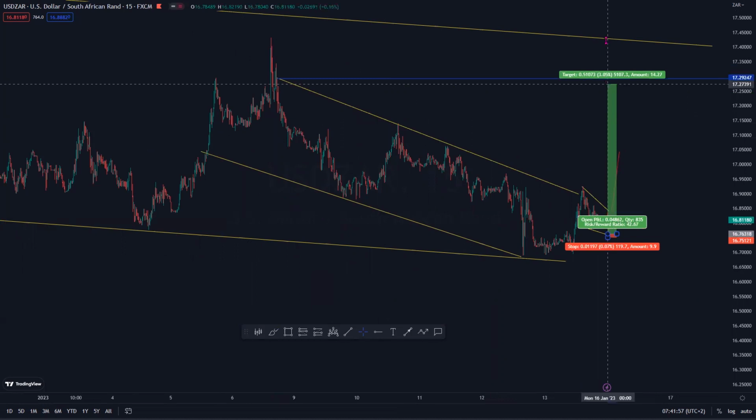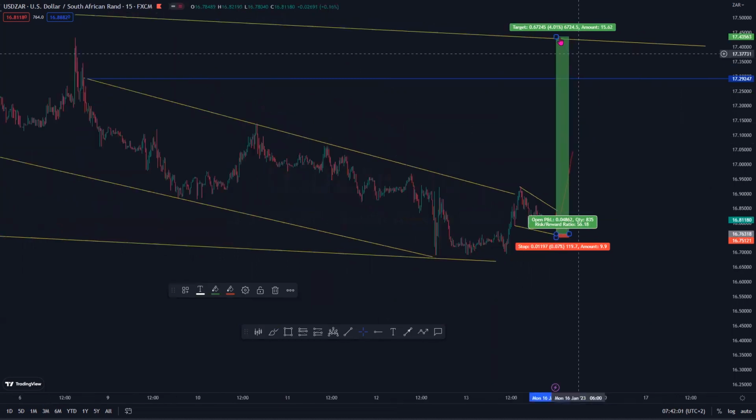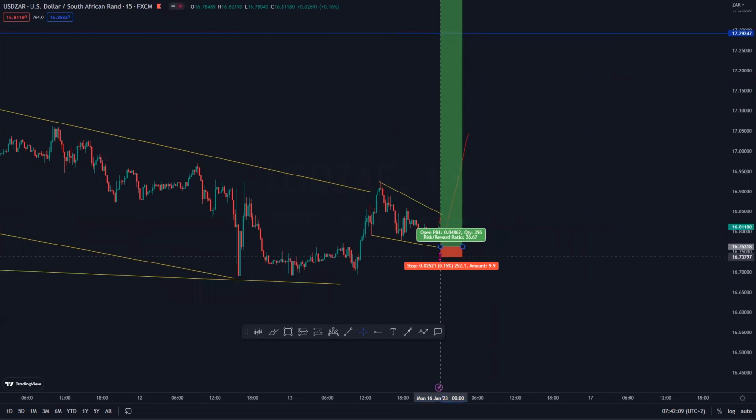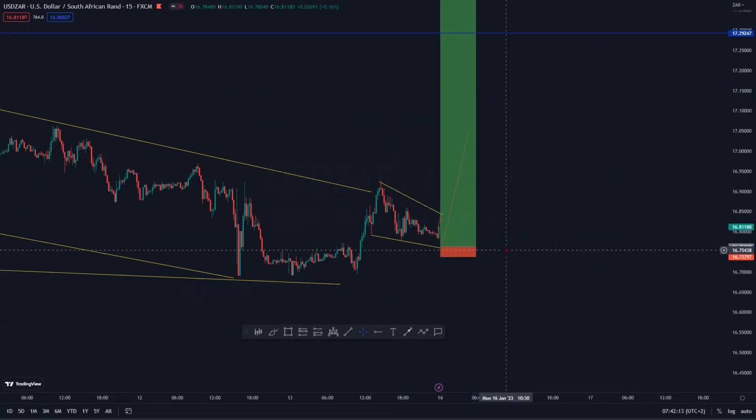But the aim is for the market to reach this price around here before shooting to the upside. So for you, we look for buy opportunities next week. So yeah guys, let me see daily and go to the next pair.